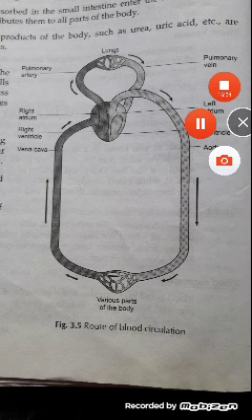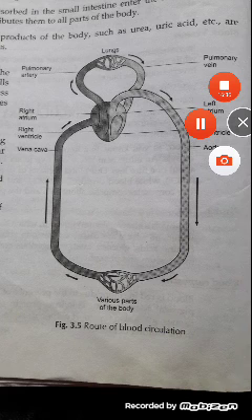When the right ventricle contracts, the blood is forced out to the lungs for oxygenation through the pulmonary artery, guarded by another valve. In the lungs, there is an exchange of oxygen and carbon dioxide.